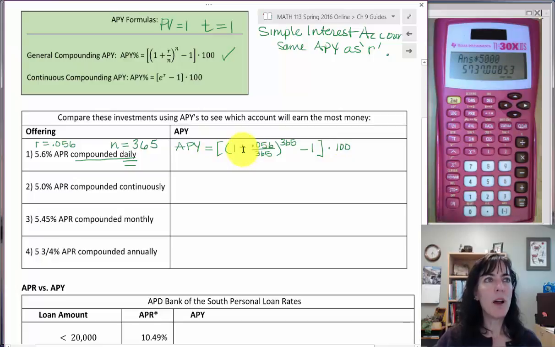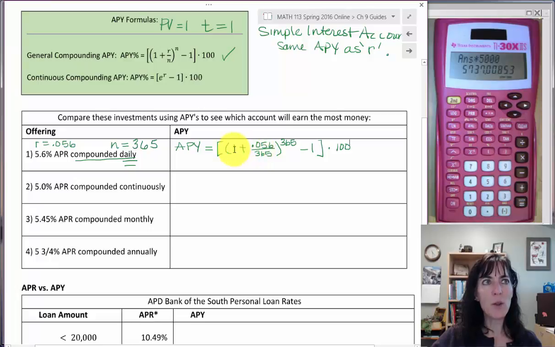So here, inside my big parentheses, I'm going to start there, and then inside there, I need to start right here inside the little set of parentheses. I don't have a multiply to do on the exponent. It's already just a 365, so I'll go ahead and do the 0.056 divided by 365.